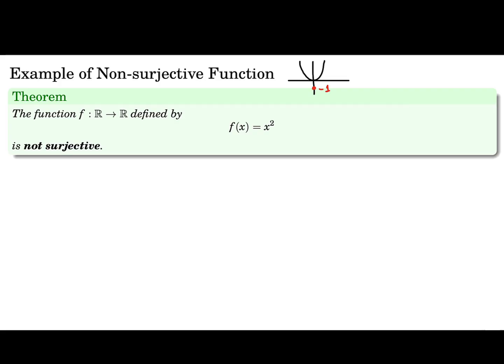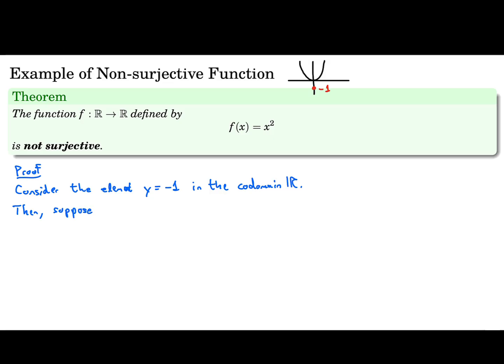And with that, let's write the proof for this. So consider the element y equal to minus 1 in the codomain R. Then let's do it by contradiction.